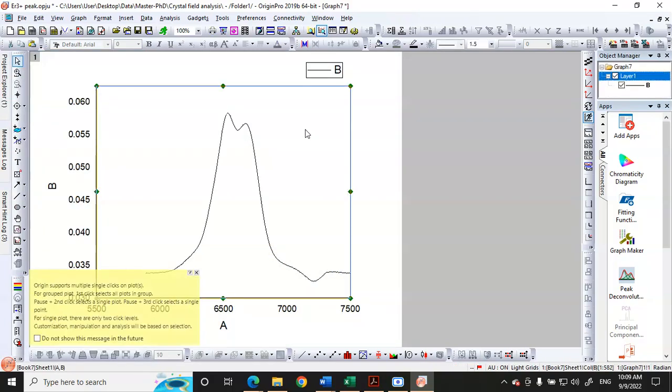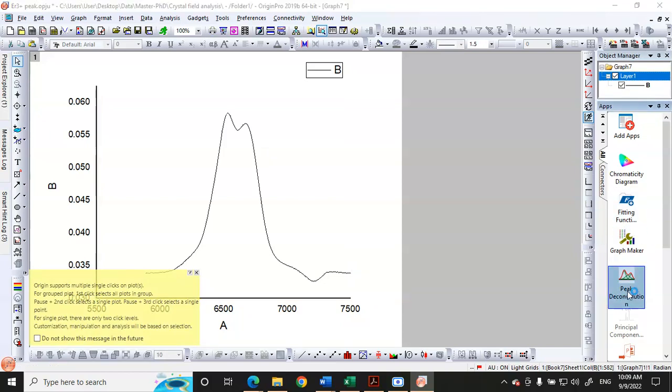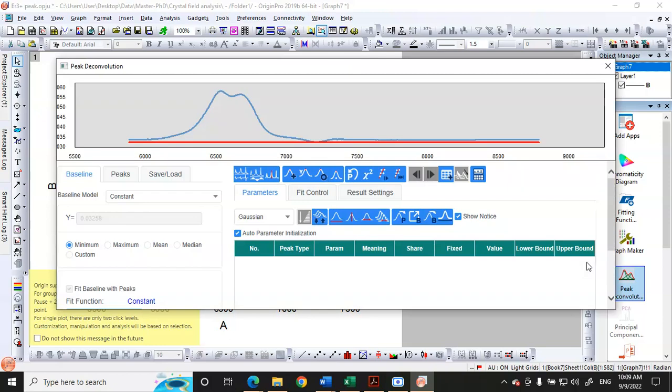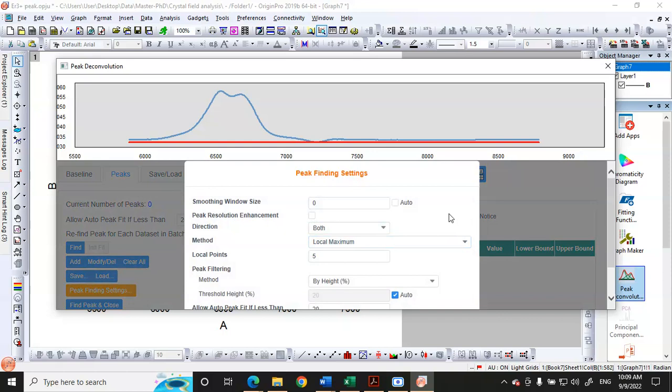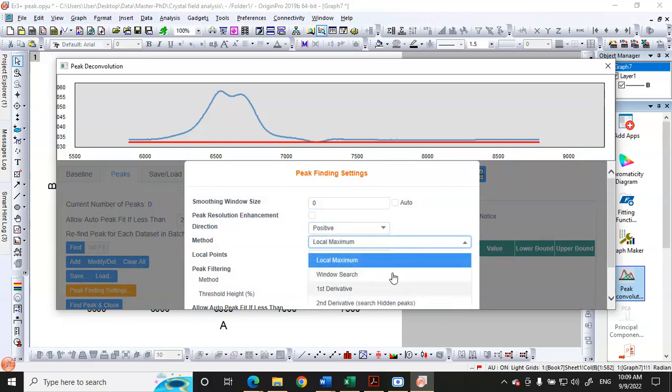Okay, this one. Okay, we try again. Peak deconvolution. So actually, you can try again, try and try, because whenever you try, then you can have a better result. I myself actually tried so many times.